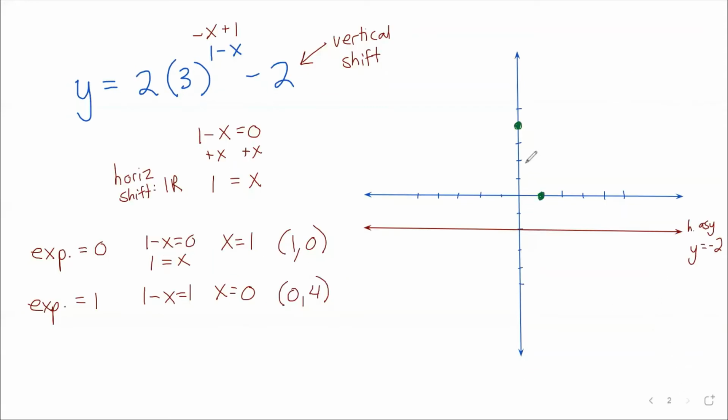And now the point on the left is higher. Well, that combined with this negative x, a negative in that position is going to flip the graph horizontally. Remember, if we had a negative there, that would have flipped the graph vertically. This is different. This is in front of the x itself, and that's going to flip the graph horizontally.